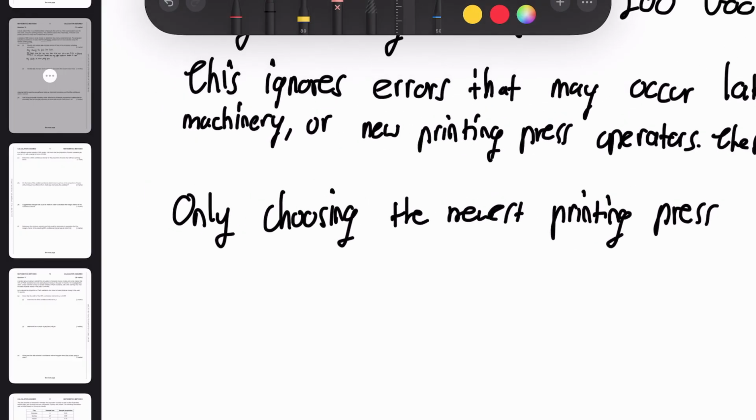The newer printing press, since it's new, likely comes with fewer defects, is more likely to perform at a higher level than other older printing presses, which will obviously affect the rate of errors in the printing.